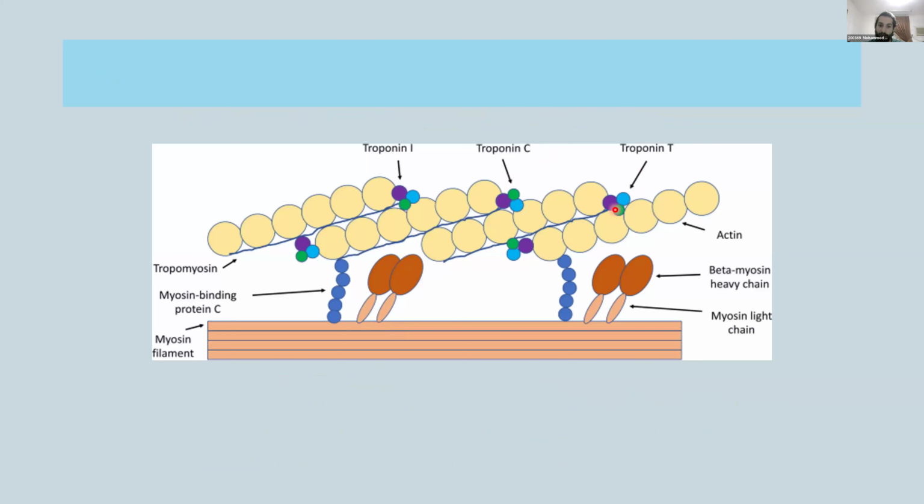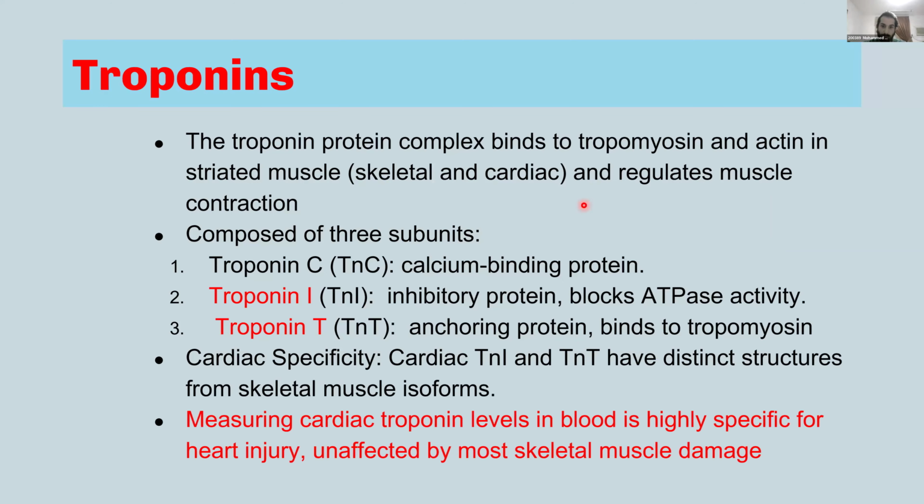Troponin T is attached to tropomyosin, that's why it's called troponin T. And we have troponin I. They work in different ways in terms of muscle contraction, but this is not the focus of this lecture. Troponin C is the calcium-binding area. I is inhibitory, where ATPase activity is blocked. And troponin T is where tropomyosin is attached.